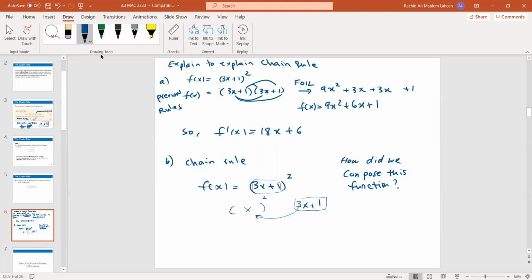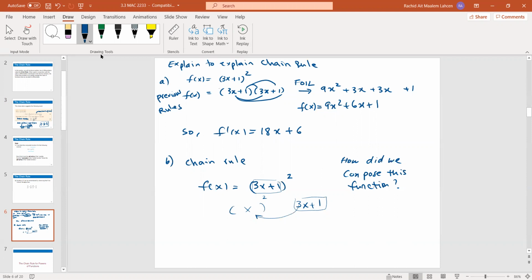So that's what Leibniz used, one as 3x plus 1 and the other as du. But just to stay without yet getting to that formula or notation, we can just think about it the way we did this in the past.